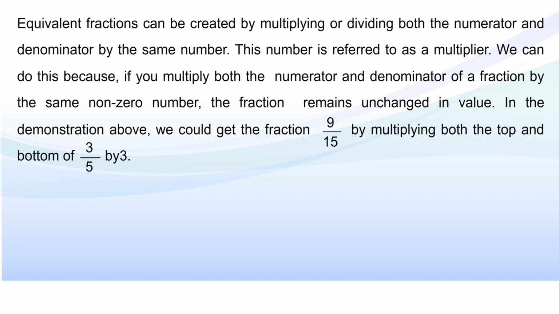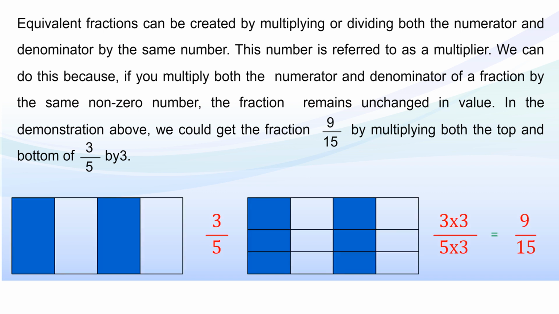In the demonstration above, we could get the fraction 9 by 15 by multiplying both the top and bottom of 3 by 5 by 3. 3 by 5. 3 into 3 by 5 into 3 equals 9 by 15.